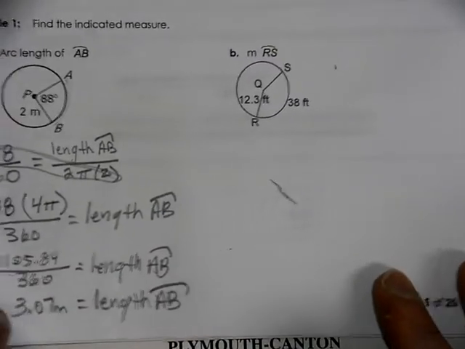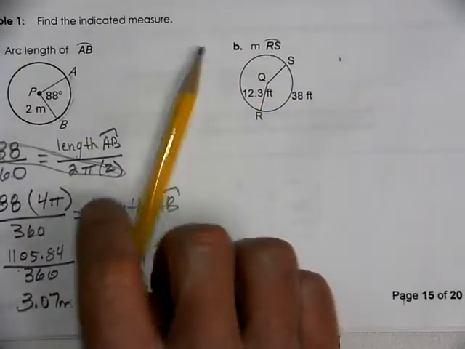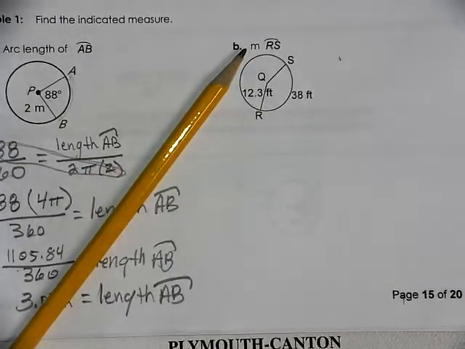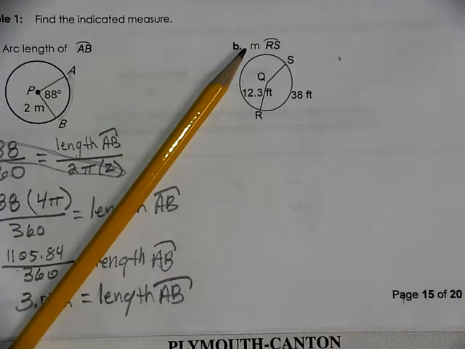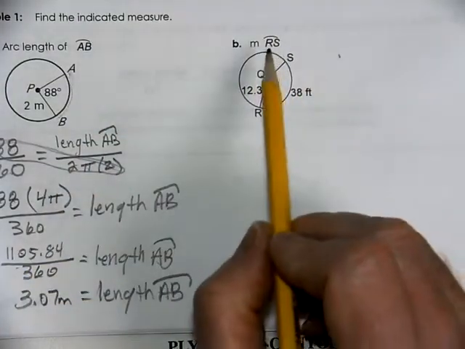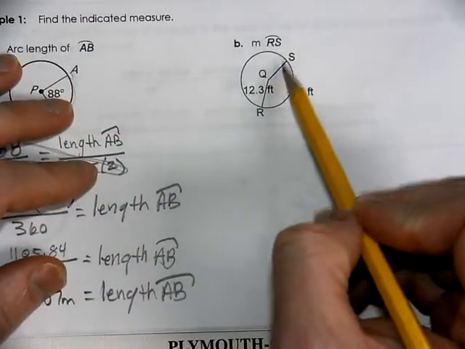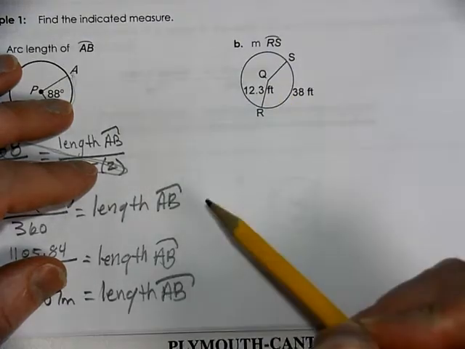All right, we can come over here to the second one and notice that they're asking for the measure. They want to know the measure of arc RS. They want to know the angle value, essentially what the central angle would be.